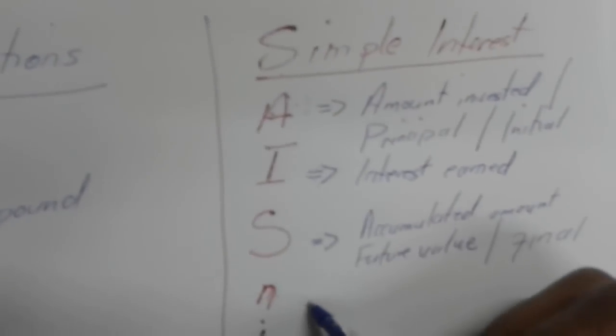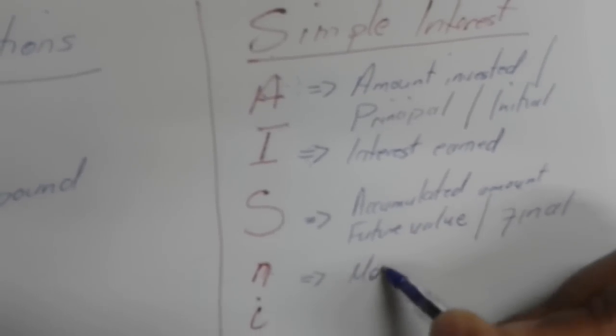Now let's look at N. N will be number of periods, number of interest periods, right? But normally you see that most questions they use N as years, but I don't want to say number of years, because let's say you are given a monthly rate and interest is worked every month, so you'll be confused.